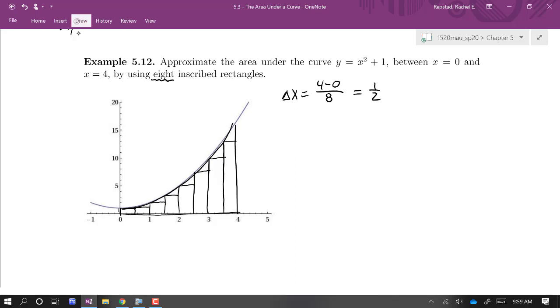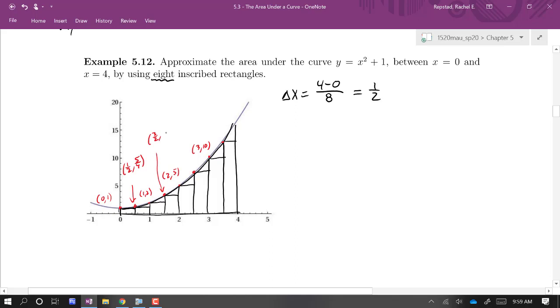And now we need these points. But we already know some of them, right? Some of these are repeats from last time. So there's 0, 1, 1, 2, 2, 5, 3, 10. So we need these other ones. If you put in a half, 1/2 squared is a quarter plus 1 is 5/4. This is 3/2.